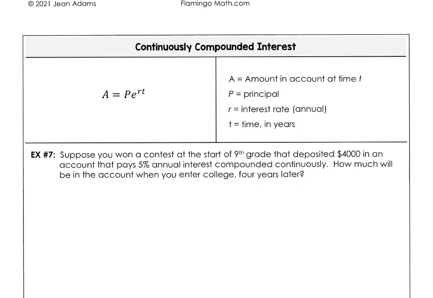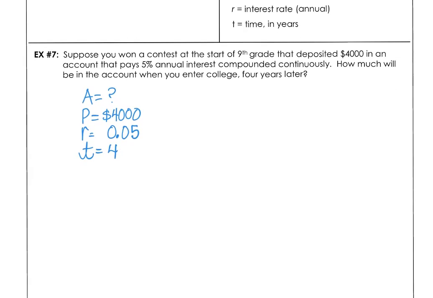So we know that we're looking for the amount at the end. Our principal investment was $4,000. The rate was 5%, so 5 divided by 100 is 0.05 behind the decimal, and the time is going to be 4 years when you leave to go to college.